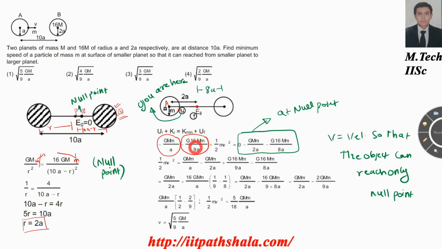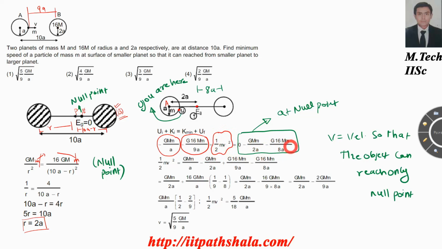The distance between the particle and planet B is 9a, you can figure it out by yourself, if both of their centers are at 10a. Then there is the kinetic energy, an adequate amount of kinetic energy I am giving to my particle.